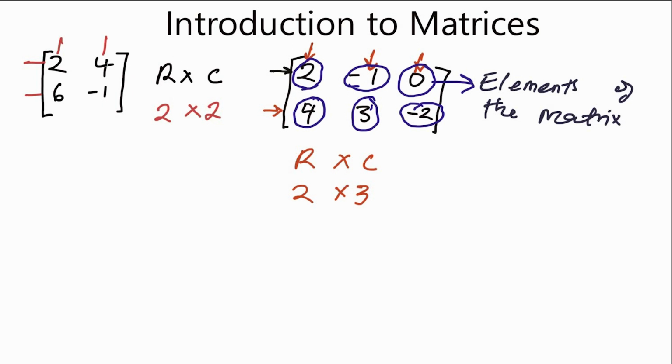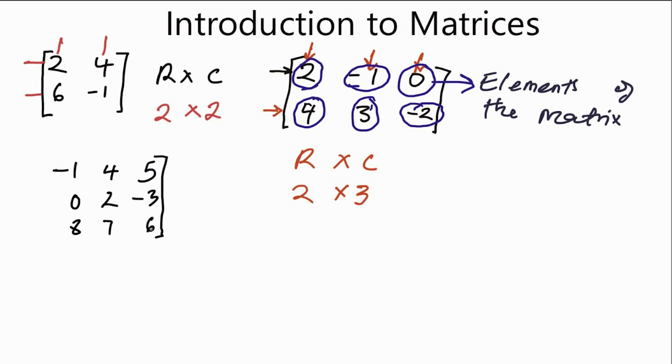Now, let's have another example of maybe a 3 by 3 matrix, so that we have minus 1, 4, 5, 0, 2, negative 3, 8, 7, and 6.